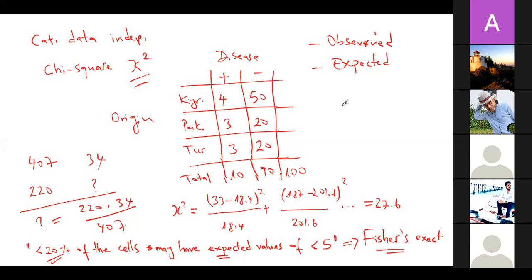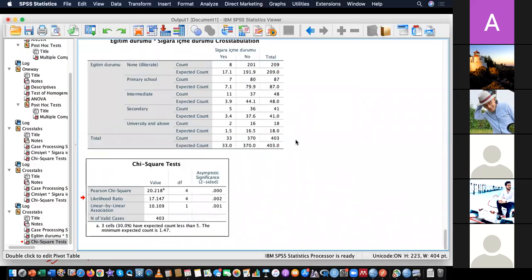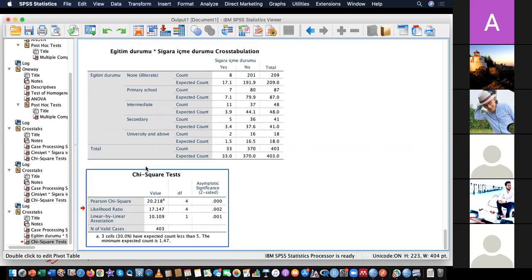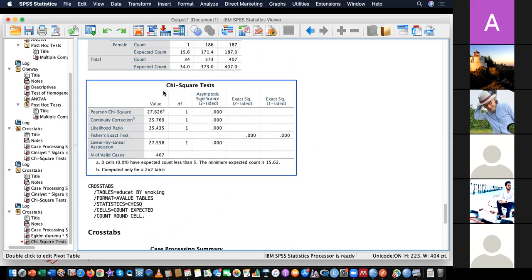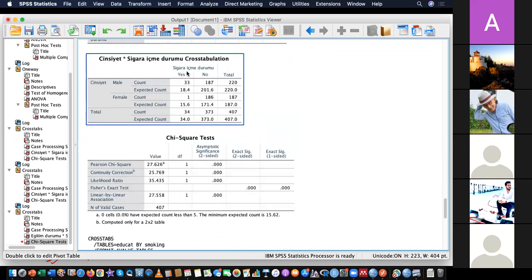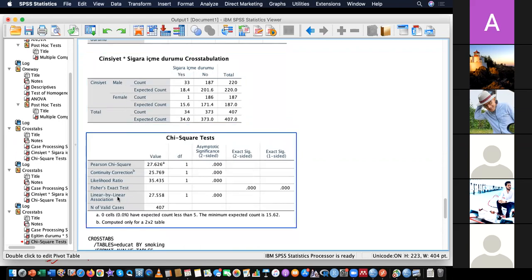But there is one more issue. The Fisher's exact test is done classically for a 2x2 table. Here you see SPSS is not reporting the Fisher's exact test. But if you do a 2x2 comparison, like smoking status compared between male and female, then you see the computer gives you the Fisher's exact test.